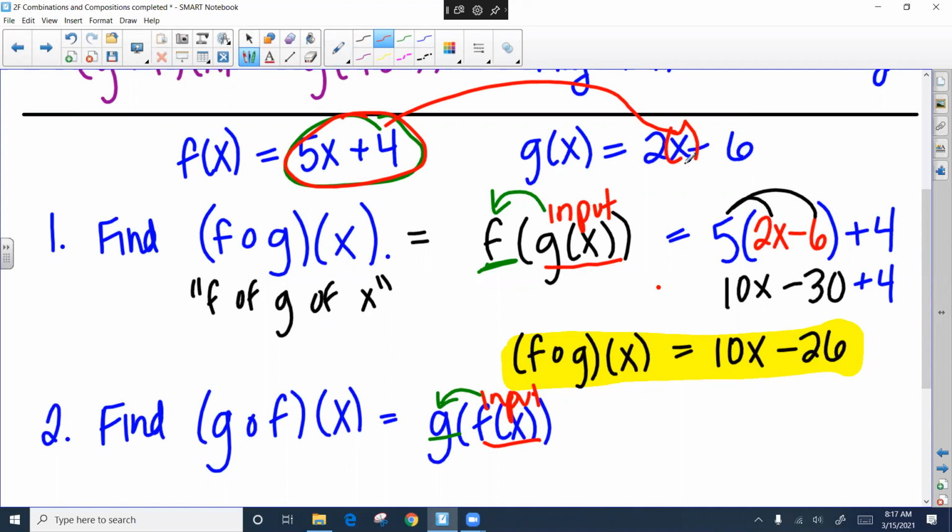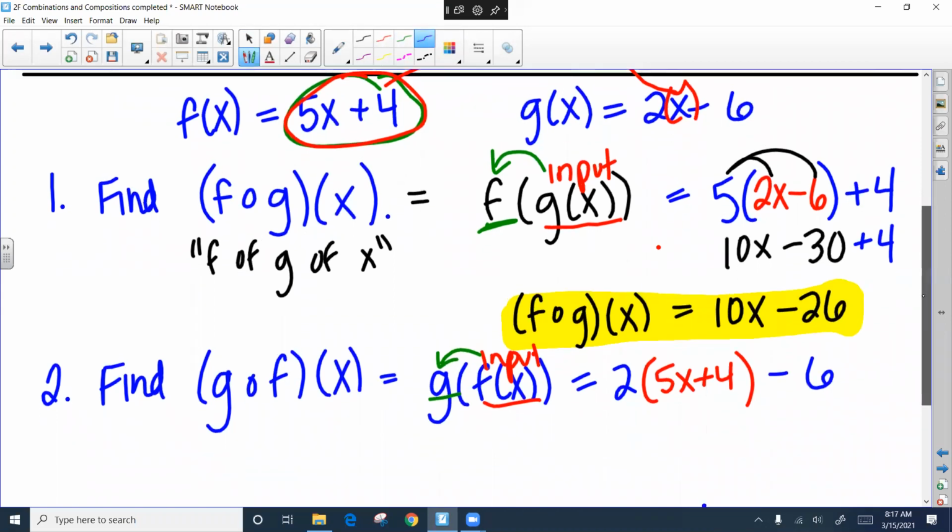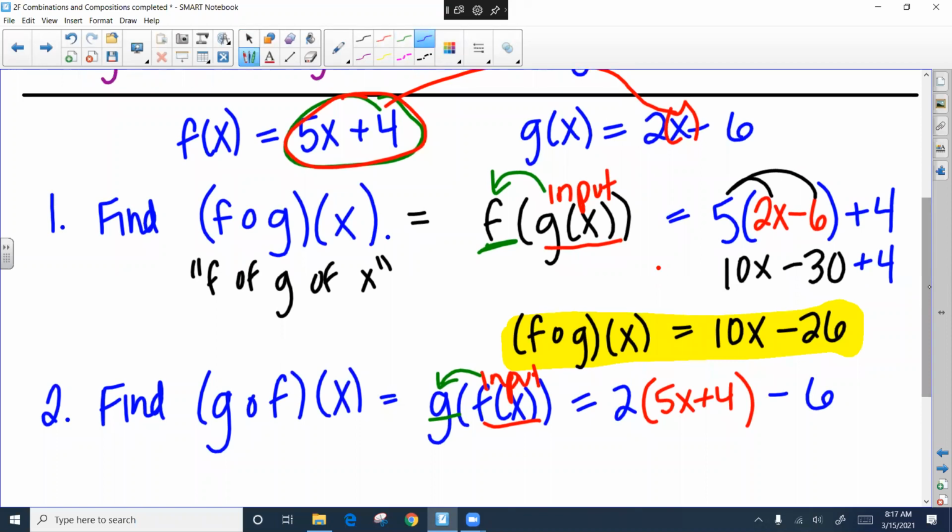Okay. So I'm going to have the 2 still. And then in parentheses, instead of x, I'm filling in 5x plus 4. And then I still have the minus 6. Okay. So that's what it looks like after we plug it in.